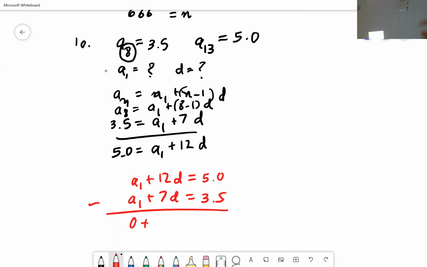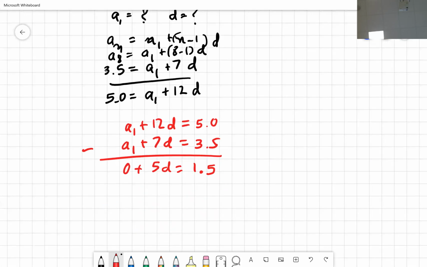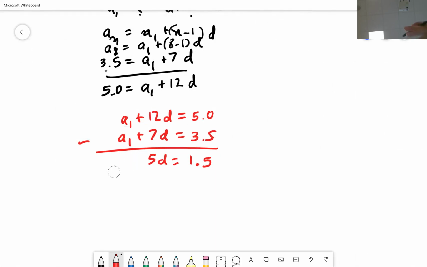That's 0. And 12d minus 7d, that's 5d. And this is 5.0 minus 3.5. That's going to be 2.5, right? No, 1.5. Sorry. And now you don't have to write this, you're just going to divide by 5. And then 1.5 divided by 5 is 0.3. So now you have your common difference.